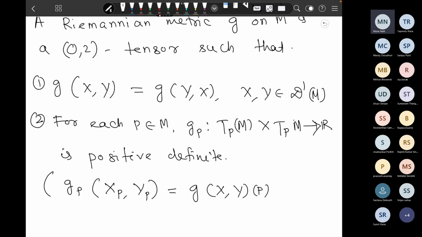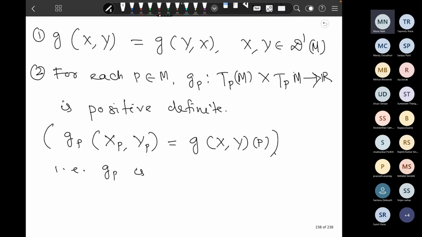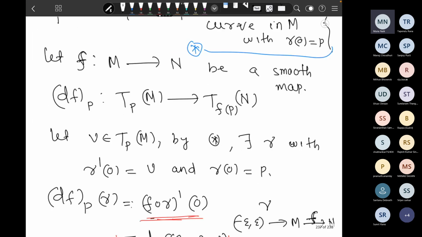G of XY is a function, so that means GP is an inner product on TPM. So this is a definition.